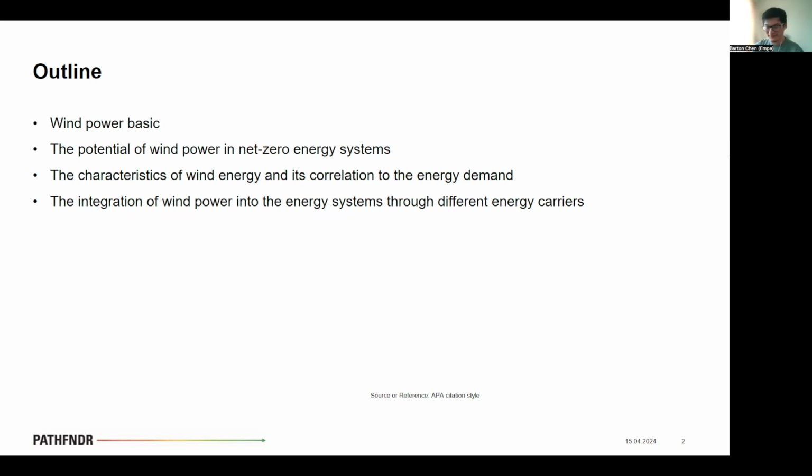Then I'll move to a little more technical detail about the characteristics of wind energy and how it links with the energy demand we have in our world. And at the end, I'll talk about different technologies: how can we integrate wind power into the energy system through different energy carriers?